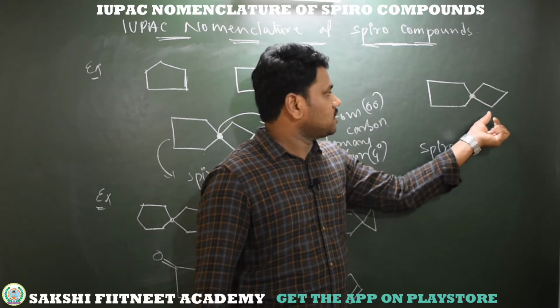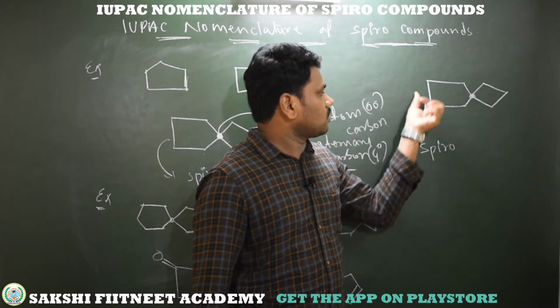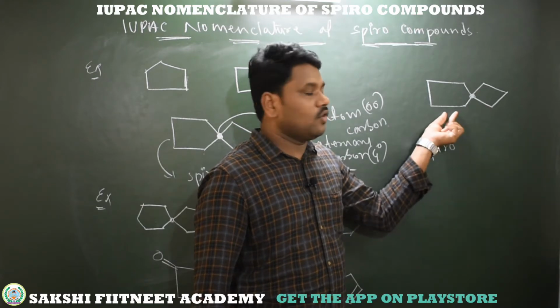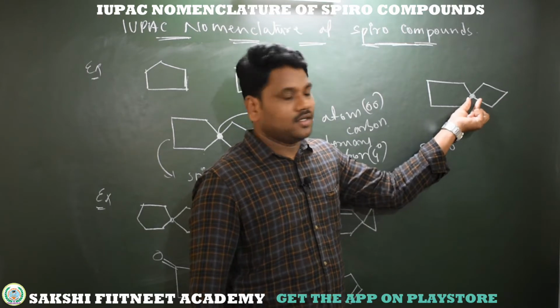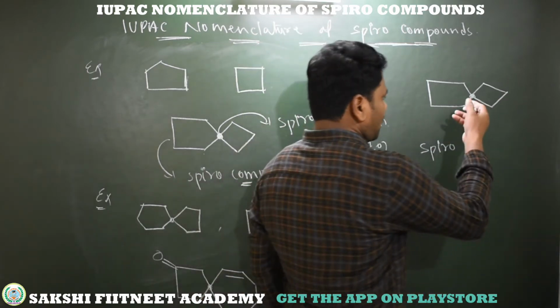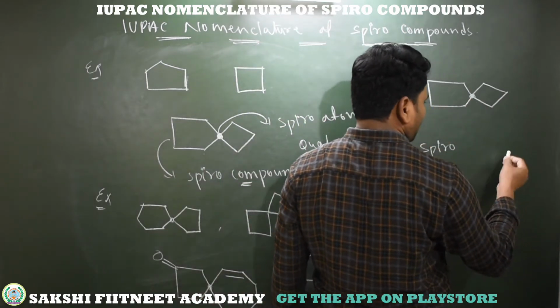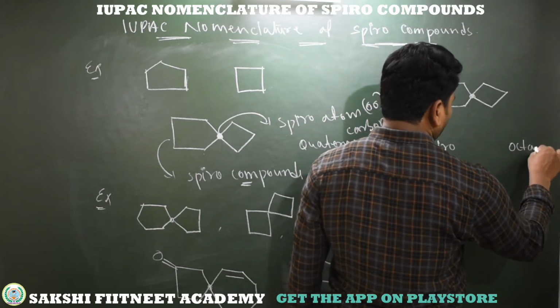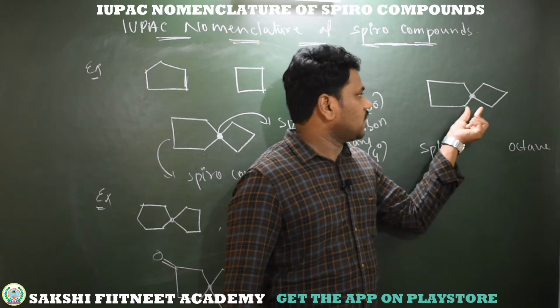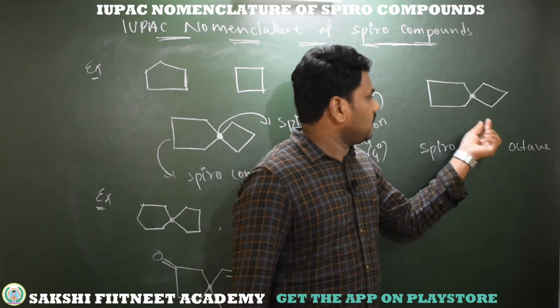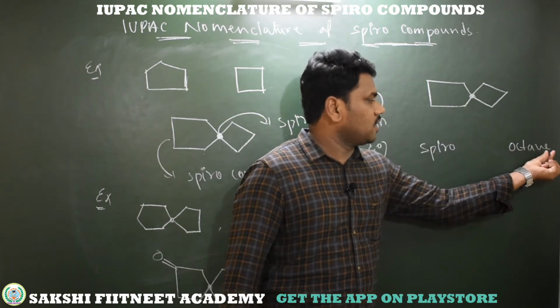So here 3 carbons are there, on the left side we have 4 carbons, 3 plus 4 is 7. Now you just add this common carbon, it becomes 8. So just end with the hydrocarbon name. Number of carbons is 8, so it becomes octane. It's saturated, there is no double bond, no triple bond, and there is no functional group, so I'm just ending with e.